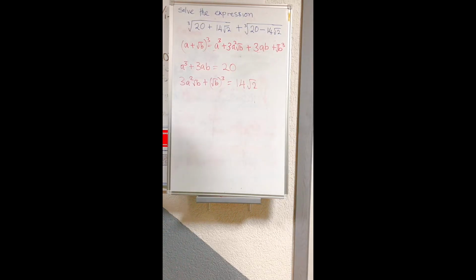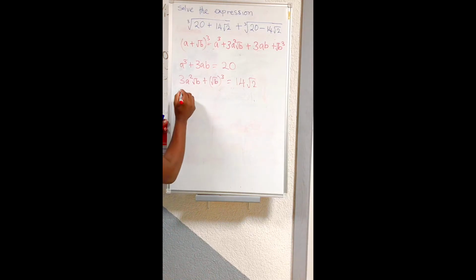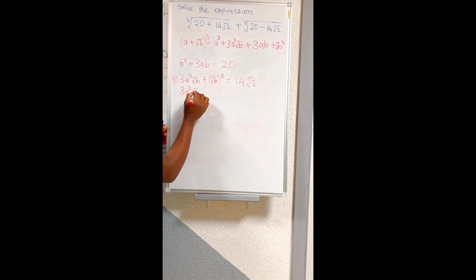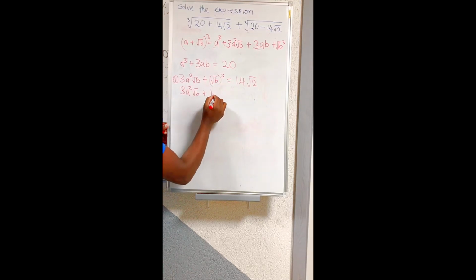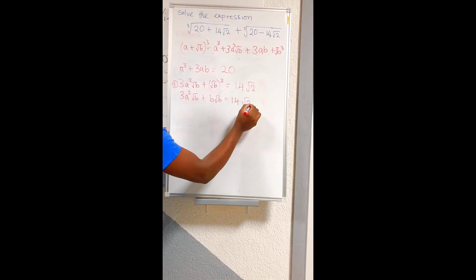Okay, so we simplify this equation even further. What do we have? We start with this one, number 1. 3a squared root b plus this one, when you put it, it will be b root of b, equals 14 root of 2.